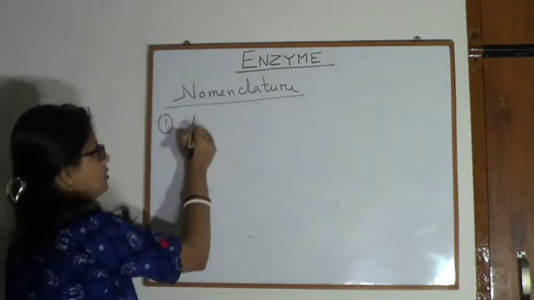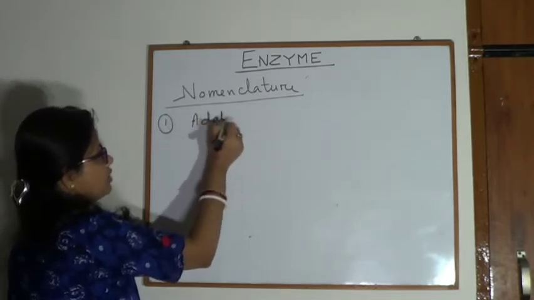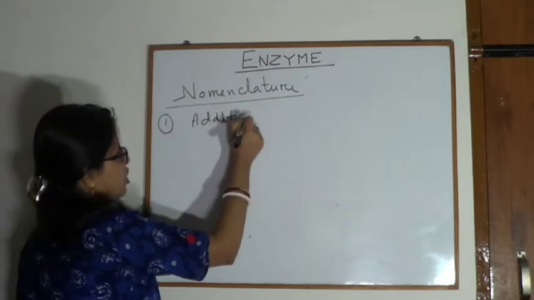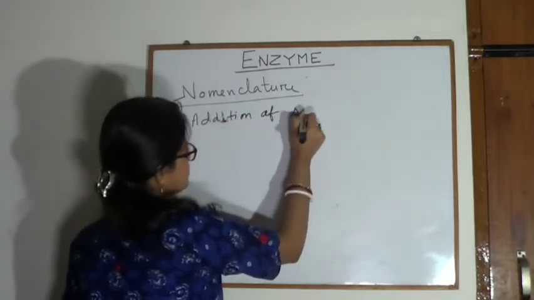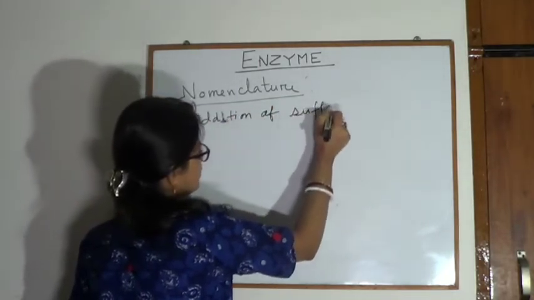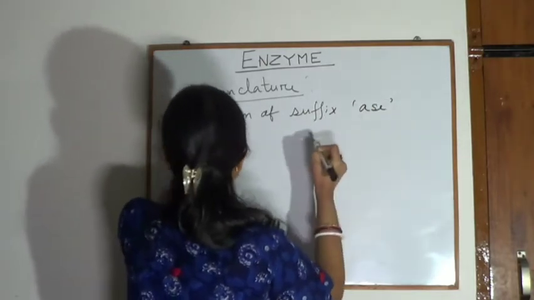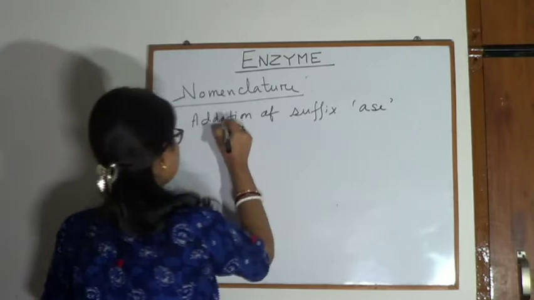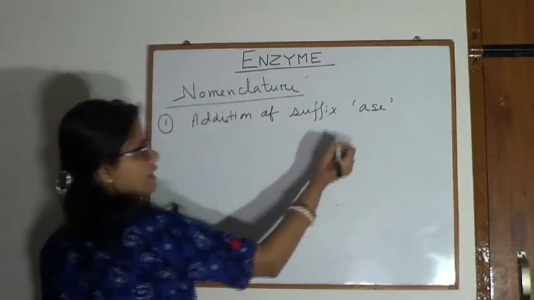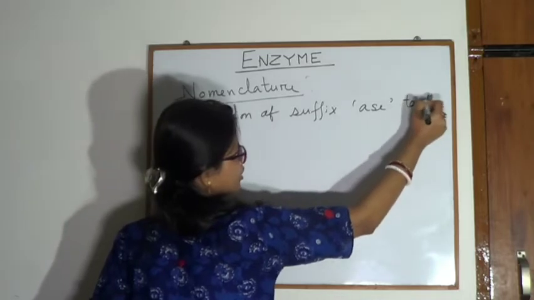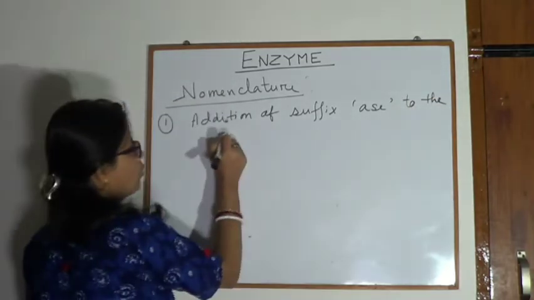First of all, addition of suffix -ase to the root word. Remember, addition of suffix -ase to the root word.